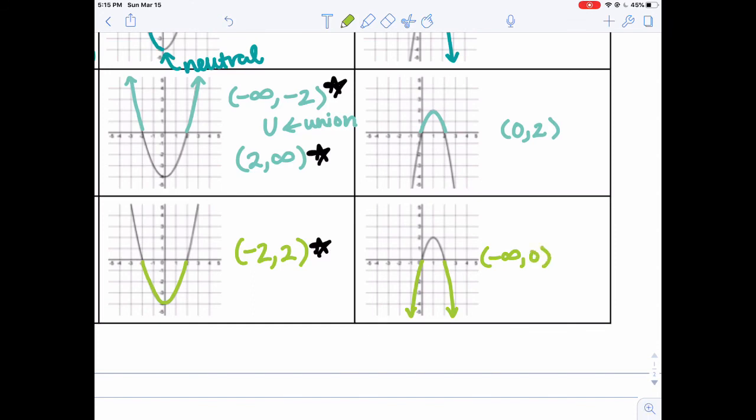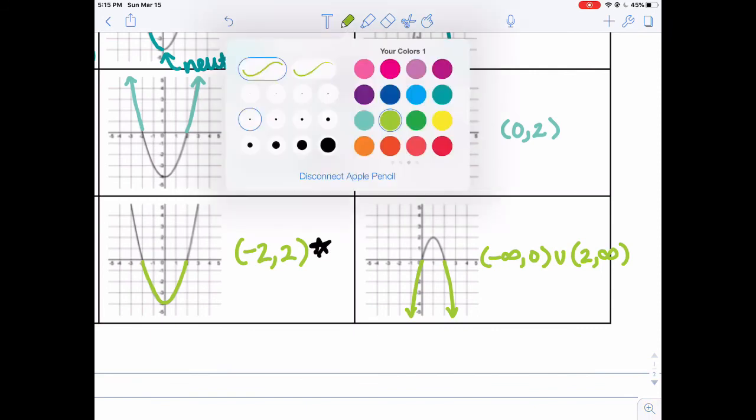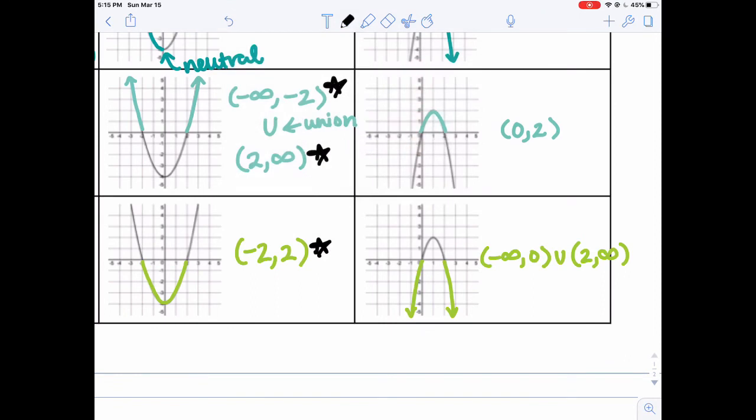And then we're going to union that with the other piece that starts at 2 on the x-axis and then continues until infinity. So this interval goes from -infinity to 0 and from 2 to infinity. Let's double check that we've covered the entire domain. This would fall right in between these two intervals, so we are good to go there.